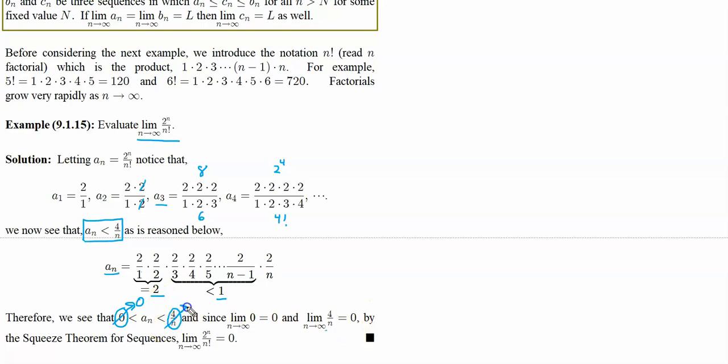So therefore, by the squeeze theorem or the sandwich theorem, the a sub n's must also be converging to 0, and we have our result that the limit as n goes to infinity of 2 to the nth power divided by n factorial must equal 0, and that's it.